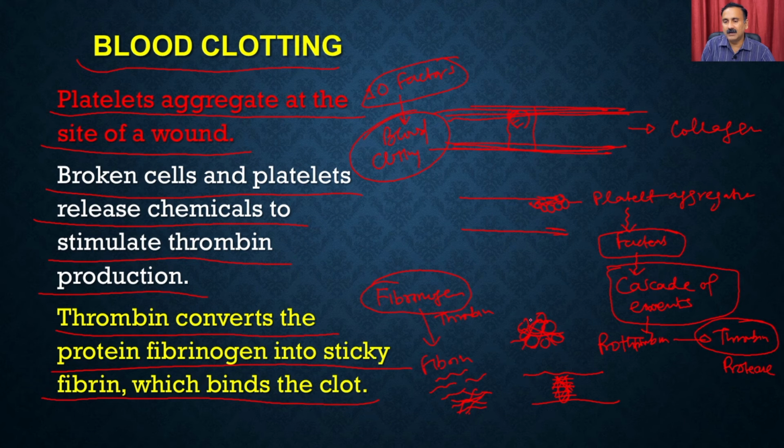The liquid and the cell part is trying to come out, but when a mesh is generated because of the fibrin, it is going to form the clot, and once there is a clot formation, it is going to stop the release of the blood, and that's how it stops the wastage of blood from the site of injury.